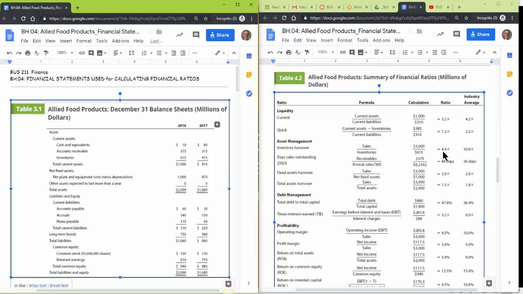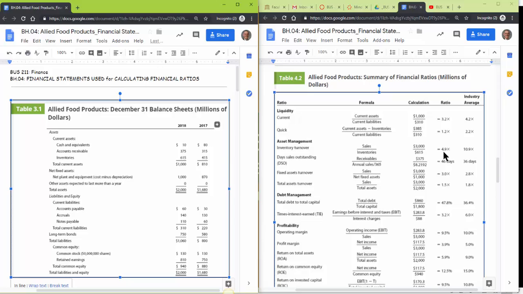The higher this inventory turnover, the more rapidly the company sells its inventory, meaning that it's fresher. So for Allied Food Products, with $3 billion in sales divided by the $615 million of inventory, that means that it restocks or turns over its inventory 4.9 times a year.